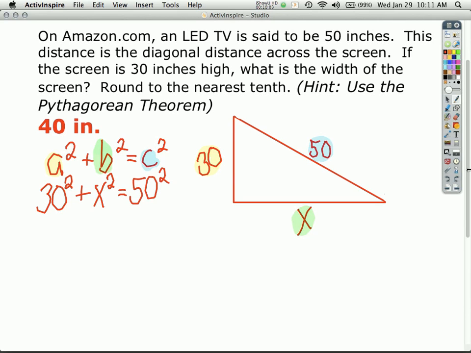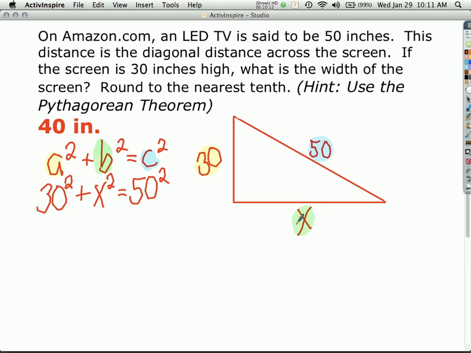Well, I'll take a look at your paper. Brandon. Is B always the longest leg? Yes, A is the short leg, B is the long leg, C is always the hypotenuse. Go ahead. Then it wouldn't matter.